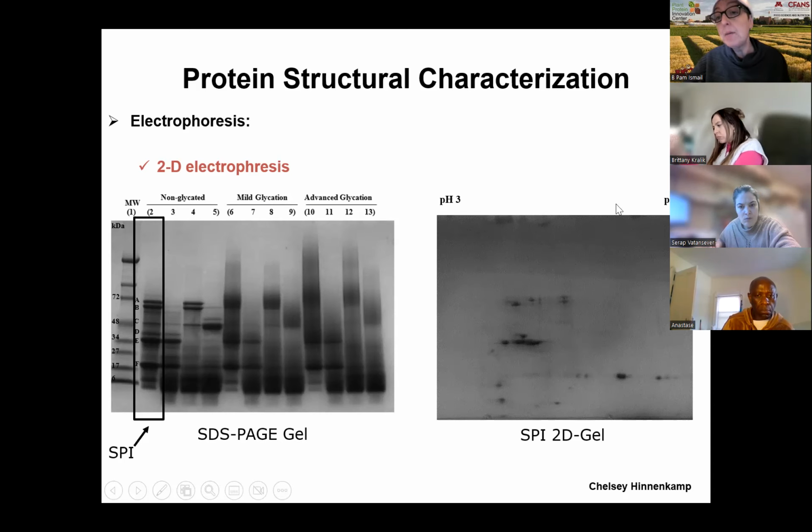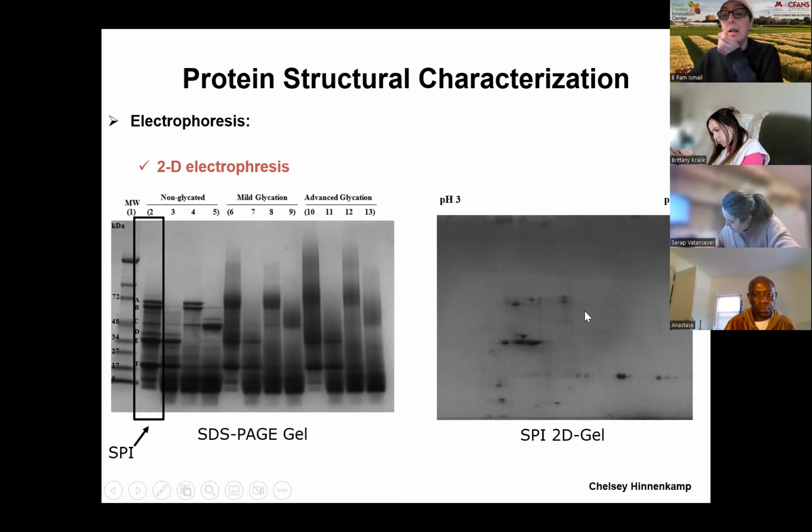This is one sample only. So this one, SPI, here we see it all. You see many more dots separated. You see all of these 4, 5, 6 different proteins all having the same molecular weight, but they're actually different subunits or different polymers of the protein.